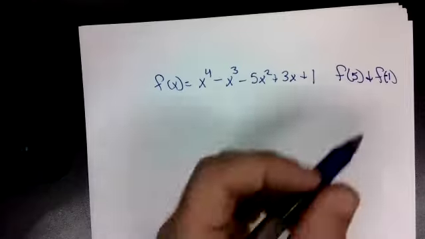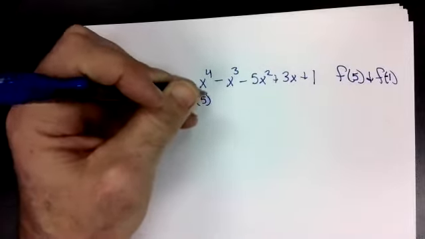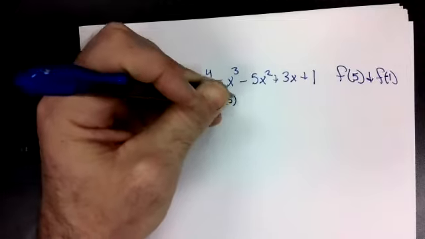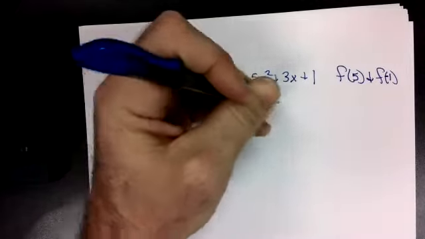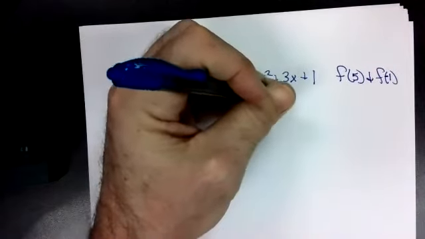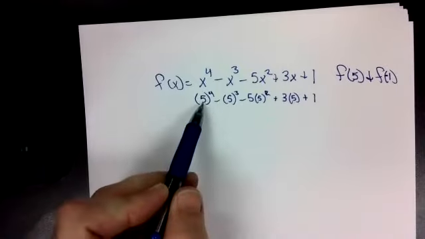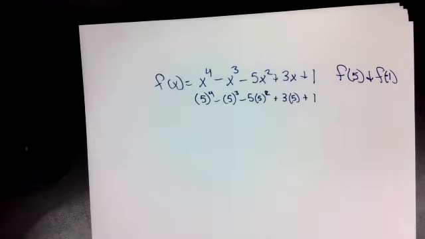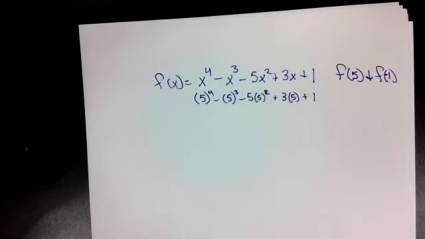And honestly, I don't care. If you want to do this the long way and you just want to plug 5 in, I mean, you've got a calculator. Your calculator is built for just this kind of thing. Your calculator is built to calculate and to do so correctly. So you just plug your number in for x and evaluate it. You can literally type that in exactly the way it looks.